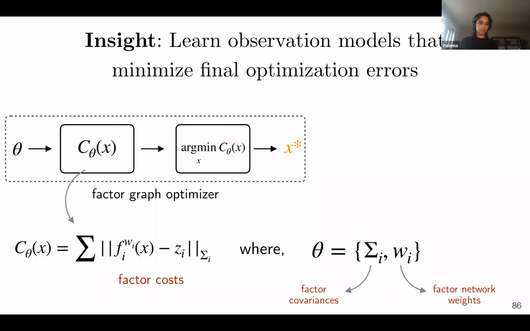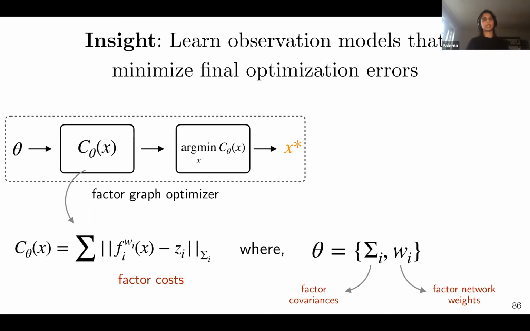So let's start with a factor graph optimizer here that you see on the top that takes as input a model C theta x with parameters theta and gives as output the optimized trajectory x star. And think of the model C theta here as a cost function that penalizes bad states. And that's what we show on the left as factor costs.